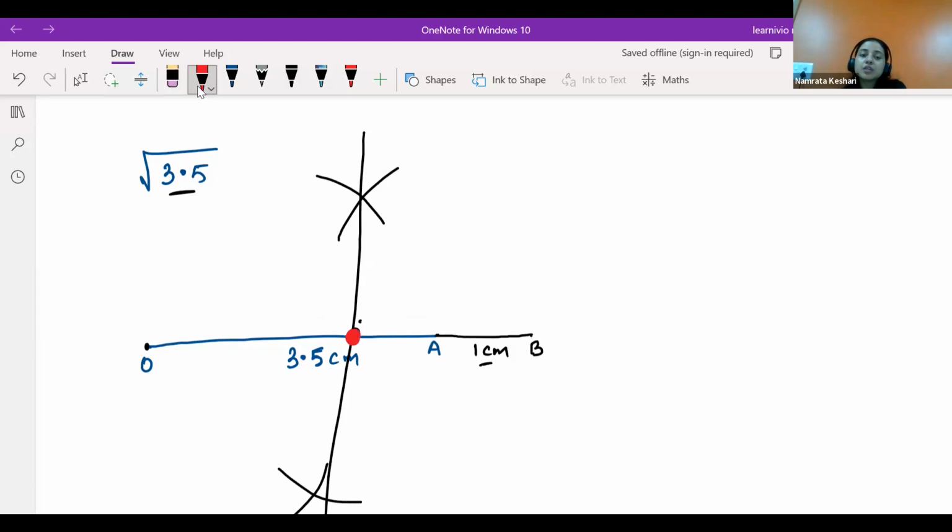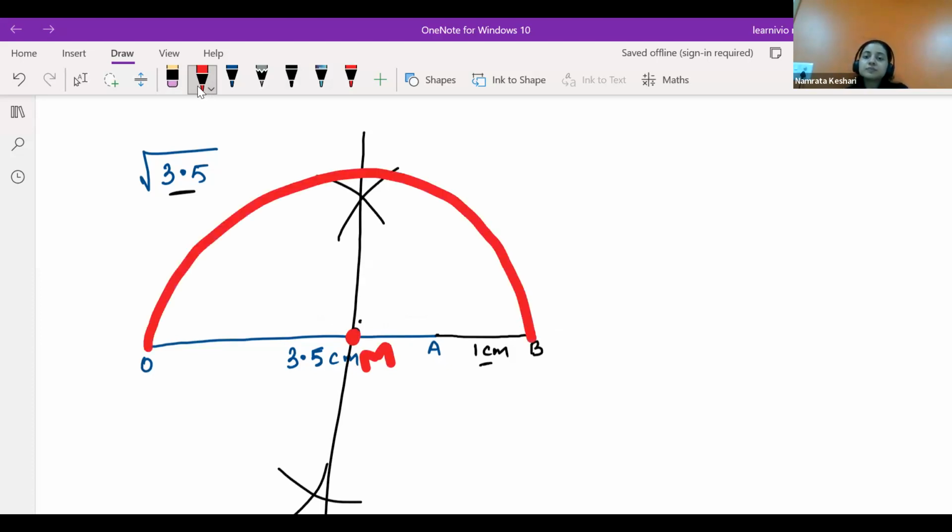Let me name it, you can call it M. Press the needle at the point M and make a semicircle like this. M is the center, and BM or OM is the radius of this semicircle.